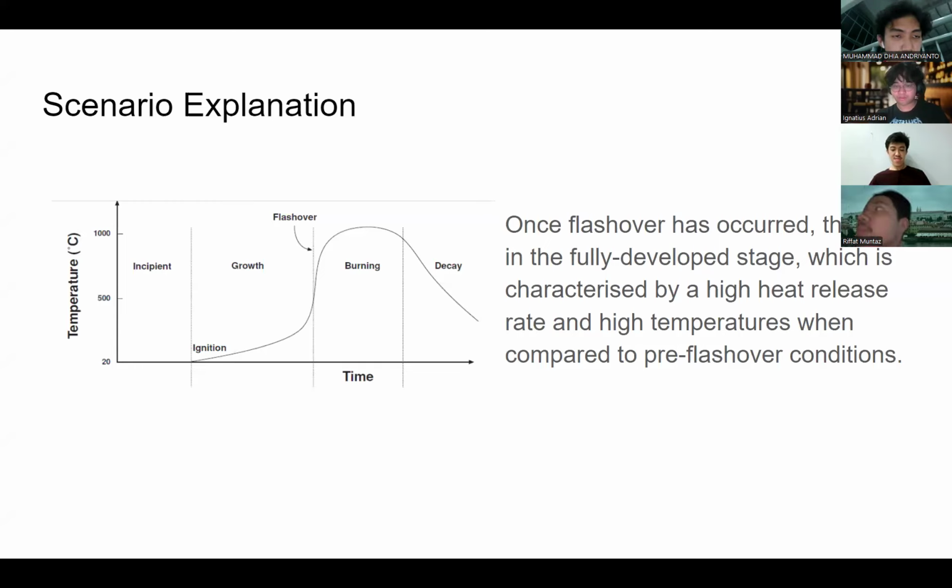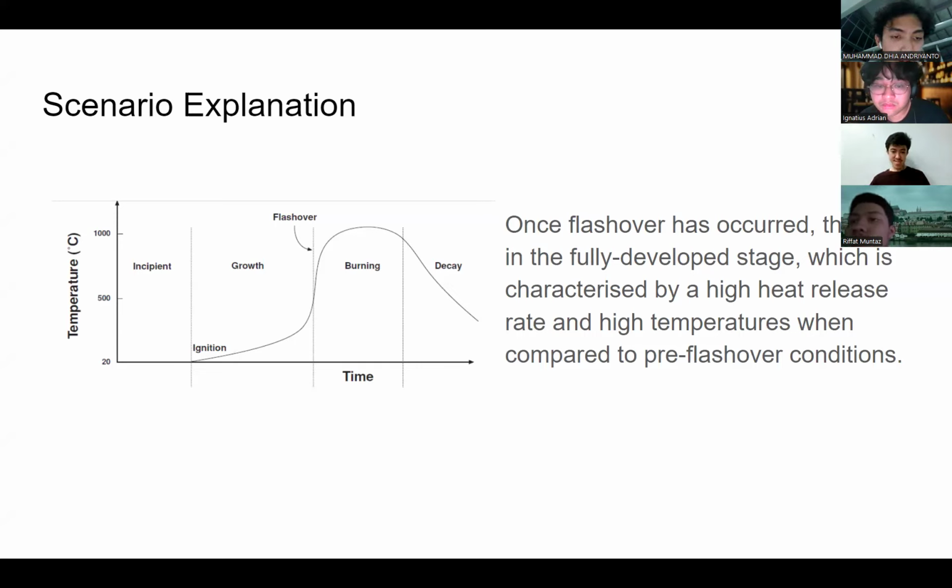In this slide, we're going to explain the scenario. At first there's ignition when the fire starts, and then growth, where the fire grows and takes all the stuff to burn. Then there's flashover. Flashover is when the fire is capable of burning everything inside the room.